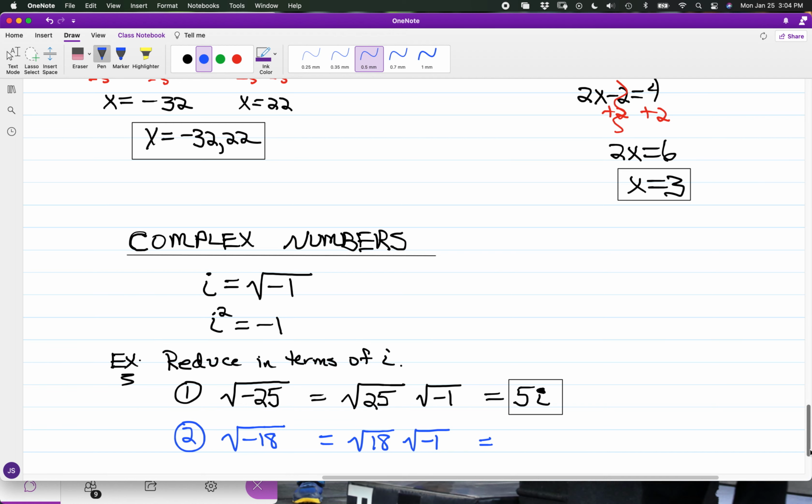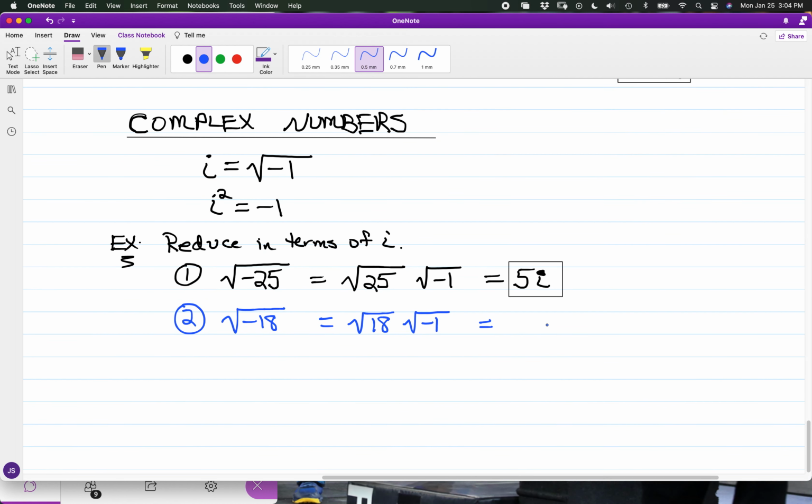However, the square root of 18 goes to the square root of 9 times 2. 9 is the highest perfect square that will go into 18, so you have the square root of 9 times the square root of 2, and I'll just do this at the end, times the square root of -1. The square root of 9 is going to be 3, times the square root of 2, and the square root of -1 becomes i.